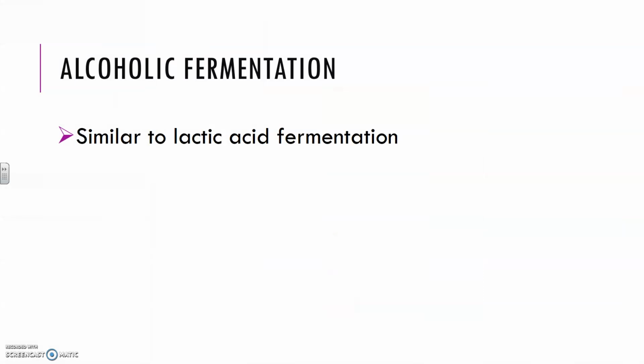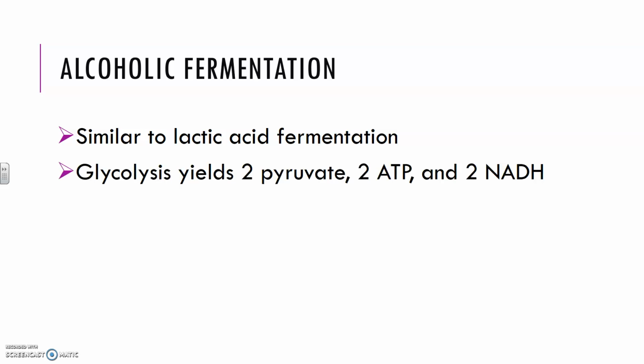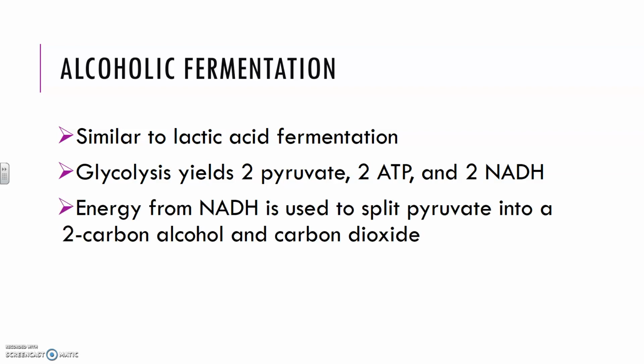You also have something called alcoholic fermentation. This is similar to lactic acid fermentation. It's just a slightly different compound that's going to be produced. Again, you have glycolysis taking place that's yielding 2 pyruvates, 2 ATP, and 2 NADHs. Alcoholic fermentation uses a different process to regenerate the NAD pluses that are needed.